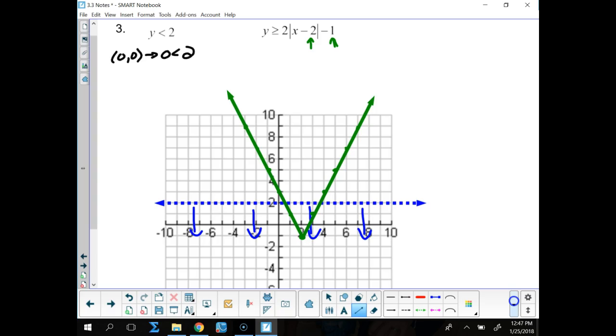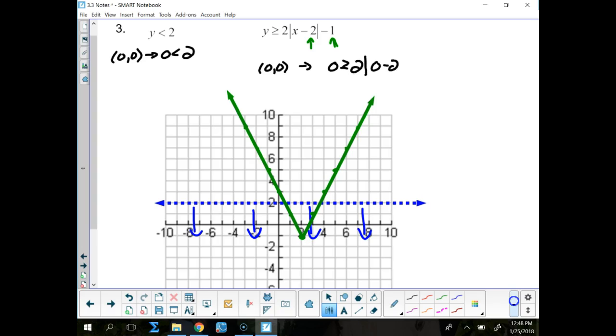Okay. So then I need to do a test point on that one. So 0 is greater than or equal to 2 times the absolute value of 0 minus 2, then minus 1. 0 minus 2, negative 2, absolute value. 2 times 2, minus 1, 3. So that's 0 is greater than or equal to positive 3.